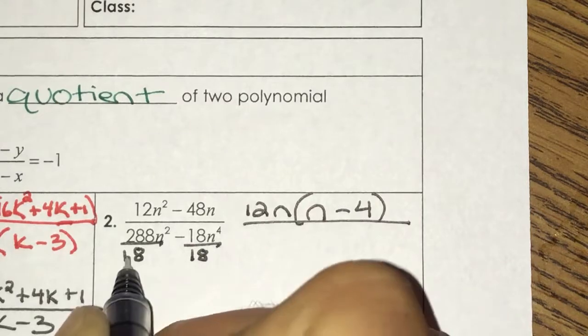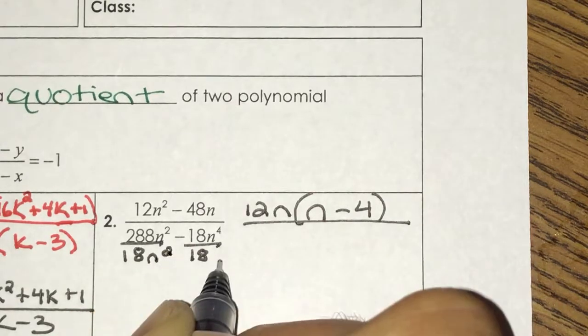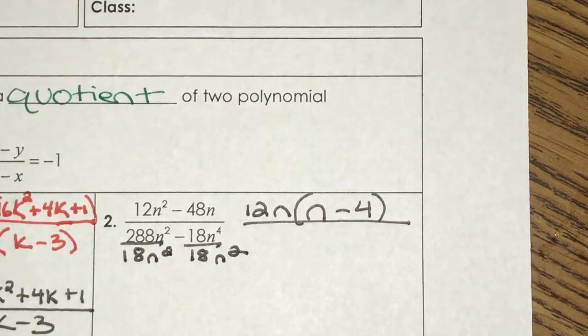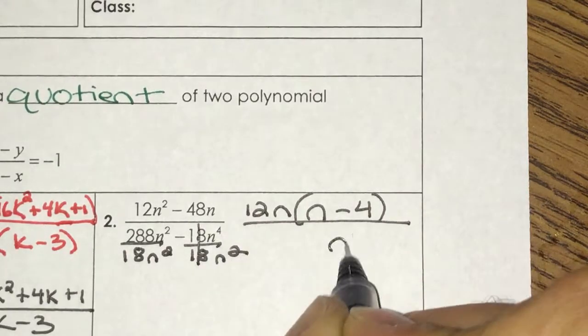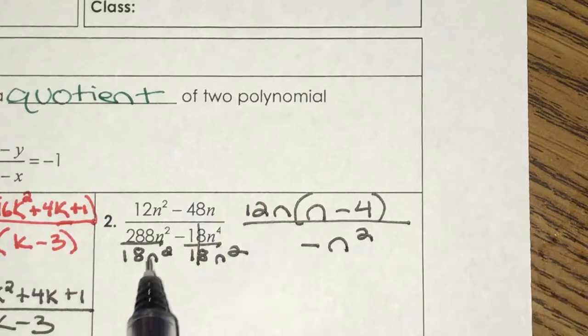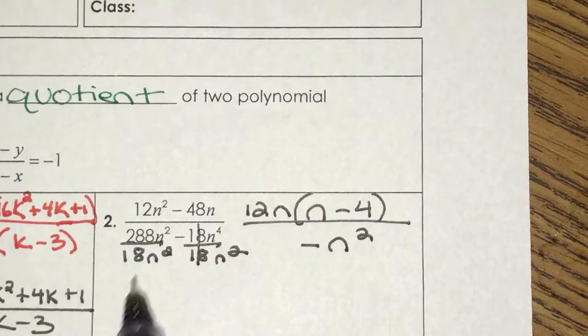And then they both have an n, so take the smallest exponent, which is squared. So now on the bottom, we have n squared. 288 divided by 18.